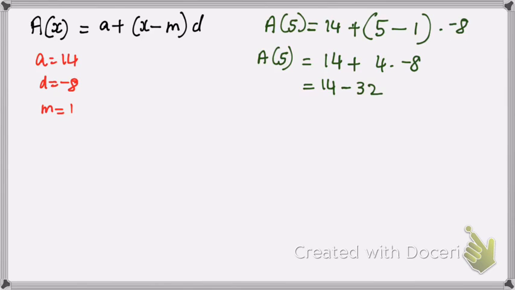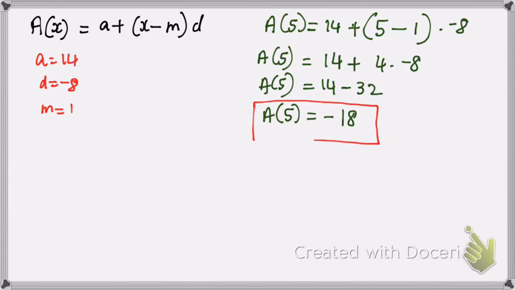So 4 times negative 8 is negative 32. So A of 5 would be 14 minus 32, which is negative 18. So the answer is negative 18. That's the fifth term.